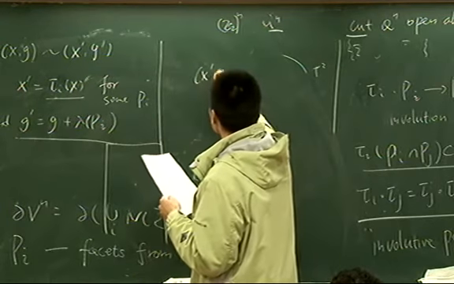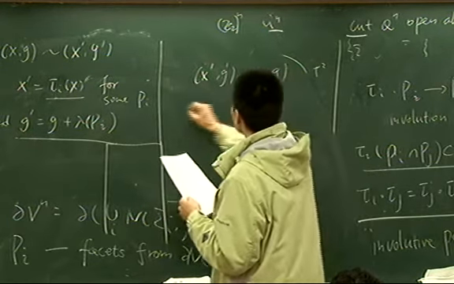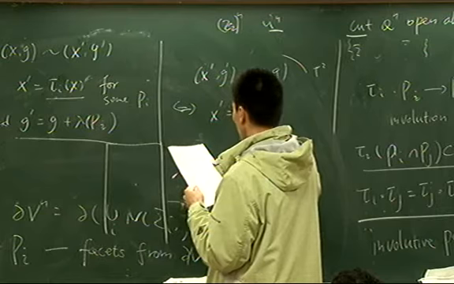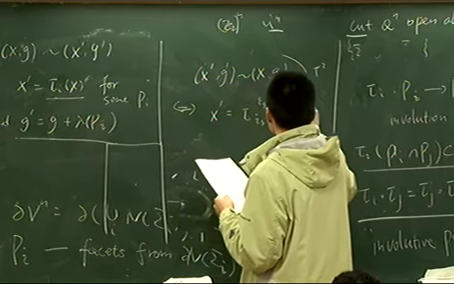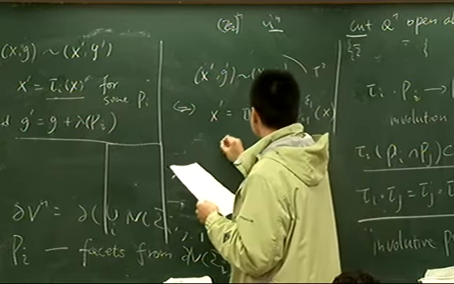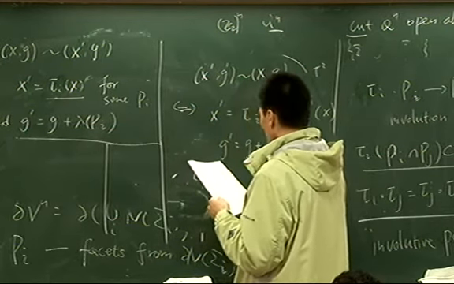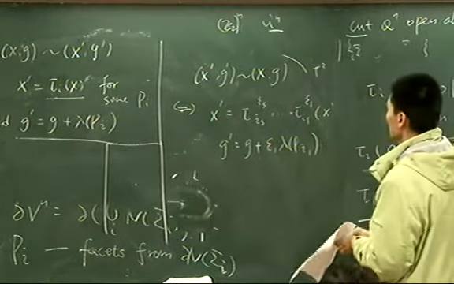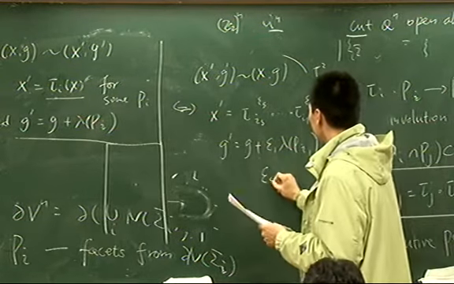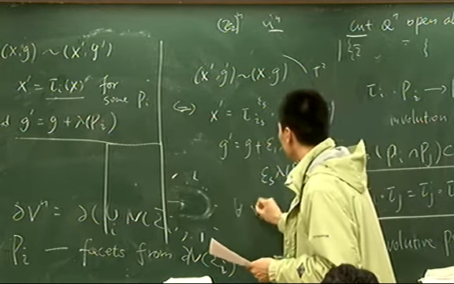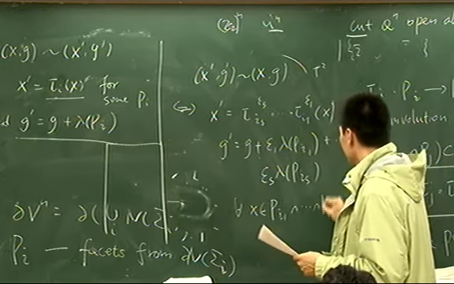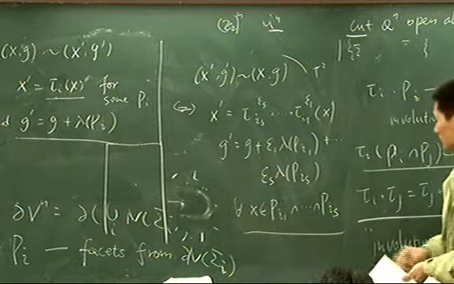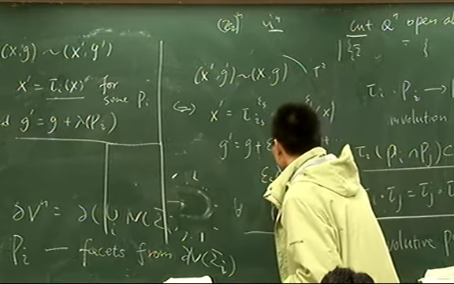In fact, x prime g prime is equivalent to xg if and only if x prime is tau i1 x, g prime is g plus epsilon 1 lambda p1, plus epsilon s lambda ps, for any x in the intersection of the faces.